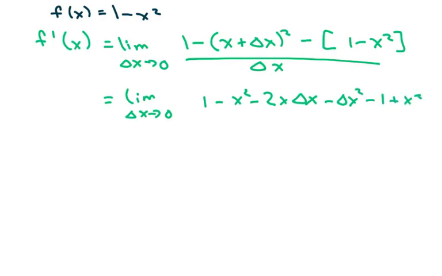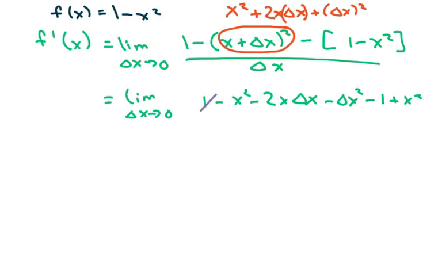And I'll go over this part again because I think I messed up last time. So when you FOIL that out, you get x squared plus 2x delta x and then plus delta x squared. So, alright, now cleaning that up again, let's see.